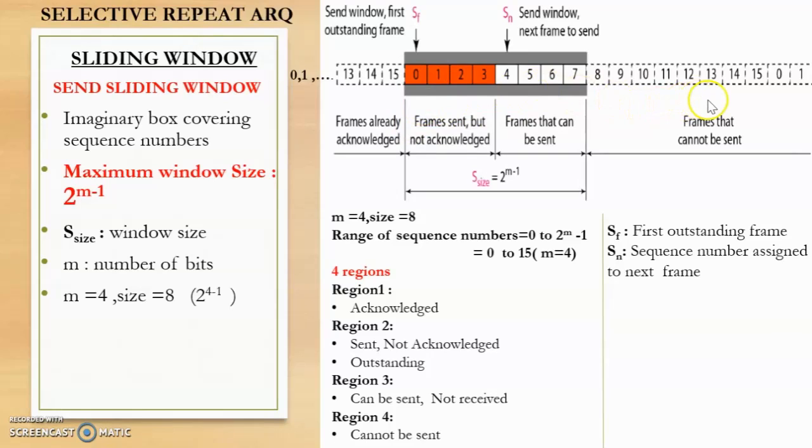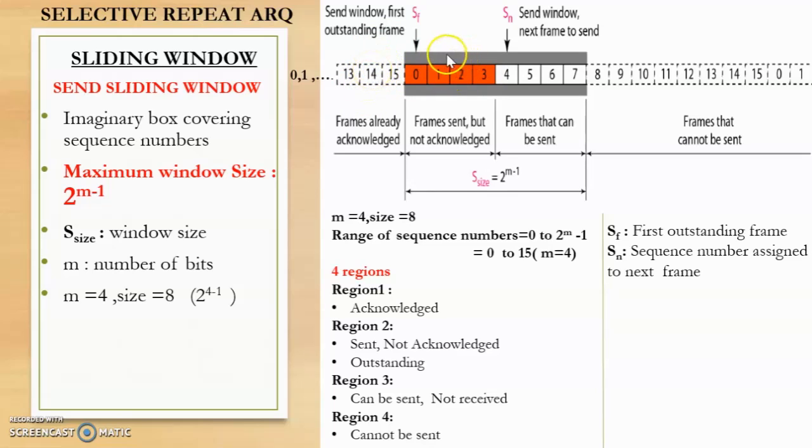Now the window at any time divides the sequence numbers into 4 regions. So these regions are similar to the regions as discussed in the Go-Back-N ARQ video. So over here we will just discuss in brief. The first region, which is not in the window and which is to the left of the window, defines the sequence numbers of the frames that are already acknowledged. So the sender has already sent frames with these sequence numbers and also received an acknowledgement for these frames.